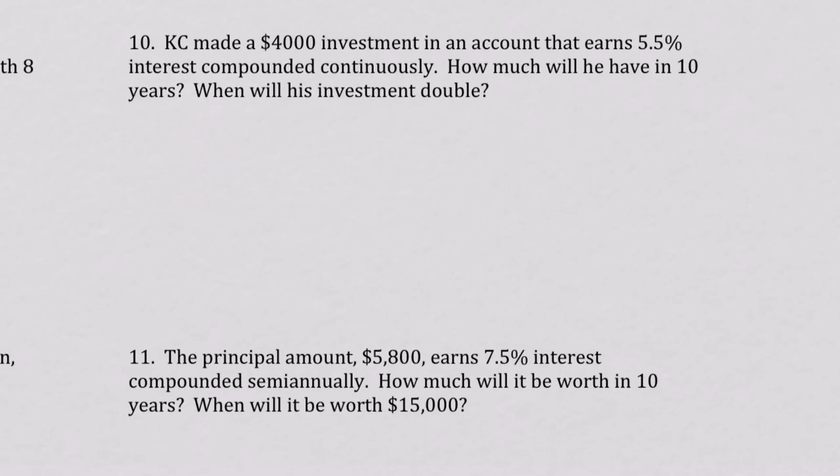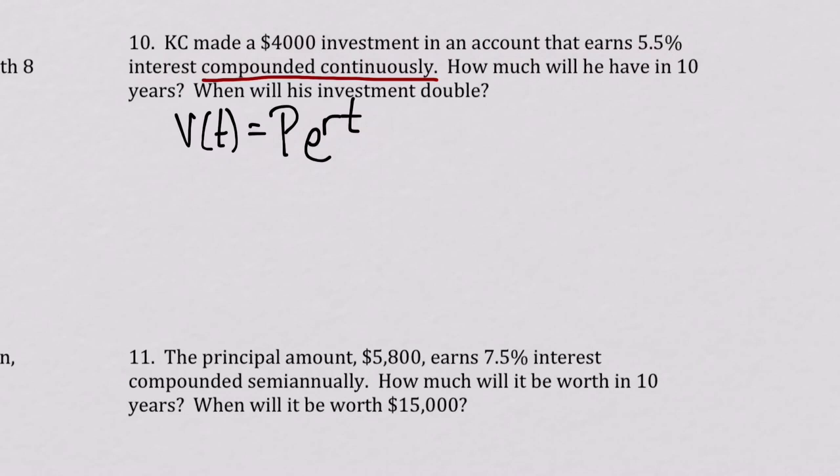Alright, number 10. KC made a $4,000 investment in an account that earns 5.5% interest compounded continuously. Okay, keyword right here: compounded continuously. That means that I'm going to use this formula for investments: V of t equals P times e to the rt power, where P stands for the principal, r for the rate, t for the time, and e is the natural base, 2.7 something.